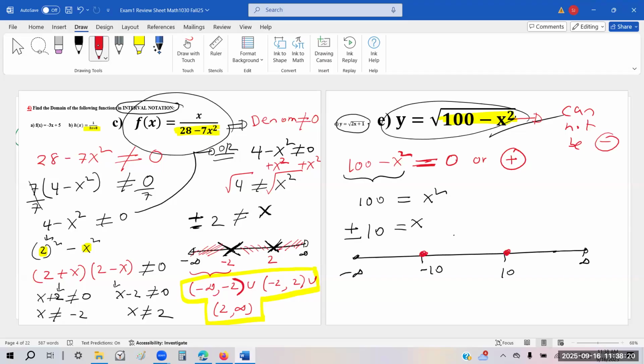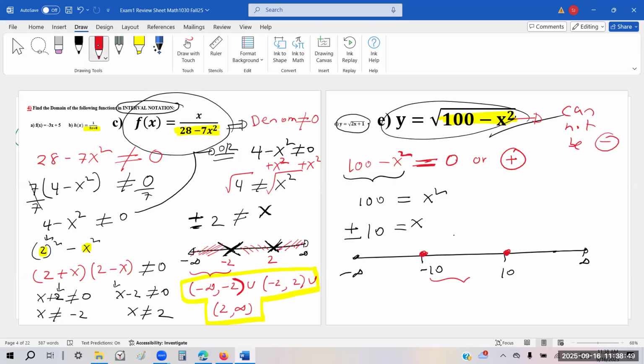Okay. Now we need to know which numbers give us something positive. Numbers inside here, numbers inside here, or numbers inside here. Which numbers make this positive? So you can take only one interval. You don't have to take all three, just take one interval and check that. Let's see.